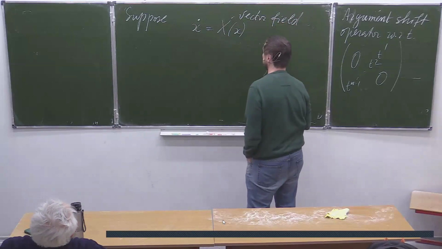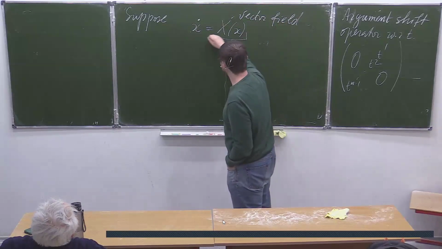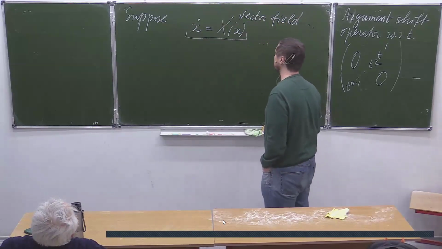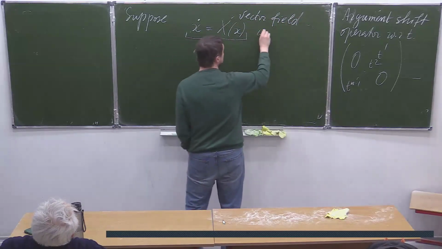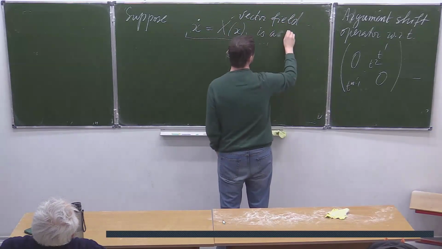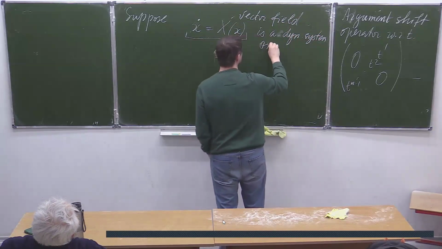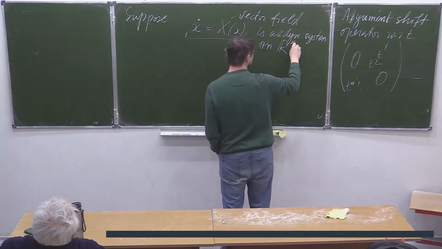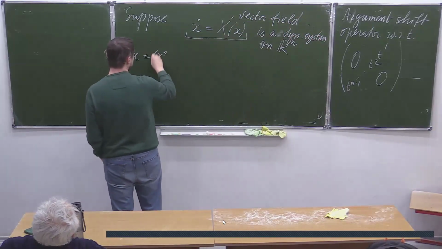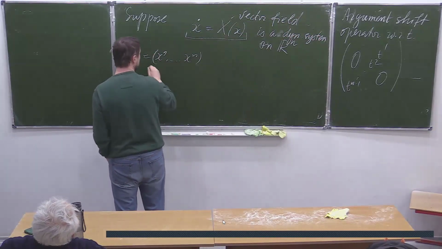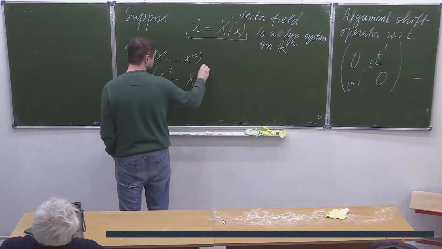Of course, one can speak about other orders, but this is probably a more convenient way for me, at least. It is a dynamical system on, well, locally it is always on R^n, so we can assume that x is in fact x_1 through x_n, and X capital is also a vector field in x_1 through x_n.